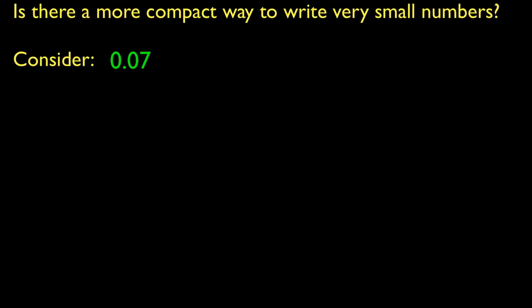Okay, 0.07, if I consider place value, I look to that first zero to the right of the decimal place, and I say that's the tenths column. Then the second column, where the 7 sits, is the hundredths column. So another way to represent this number is to say that 0.07 is 7 100ths, or 7 divided by 100.